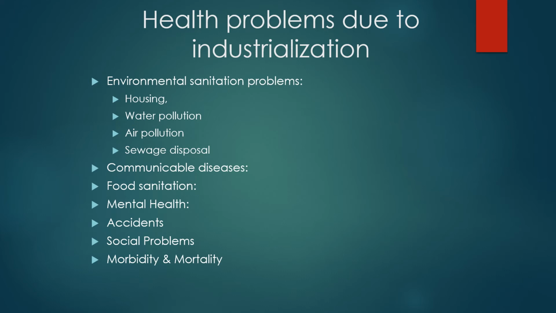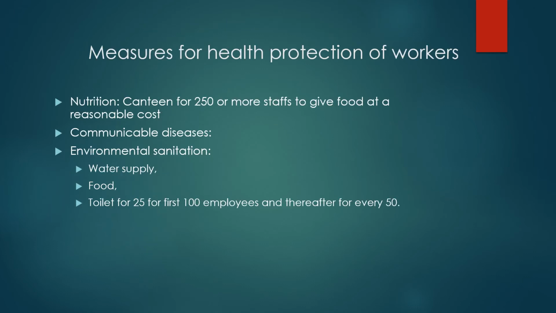In vital statistics, high morbidity and mortality is noticed in industrial areas, maybe because of the increased incidence of chronic bronchitis and lung cancer, which are higher in industrial areas compared to rural areas or villages. Then what are the measures we have to take to protect the health of the workers who are working in the industry?